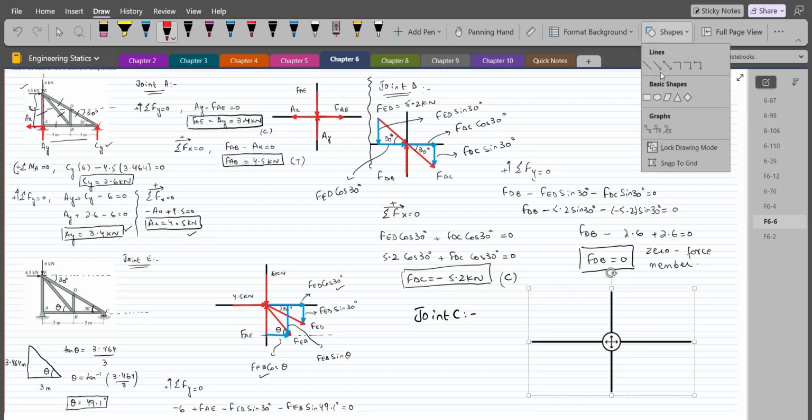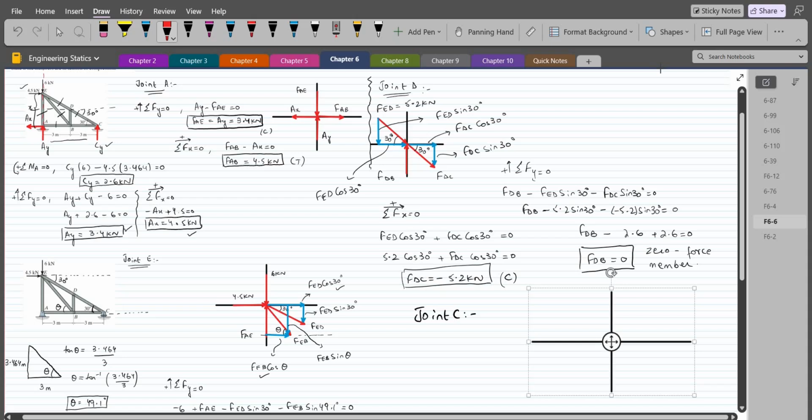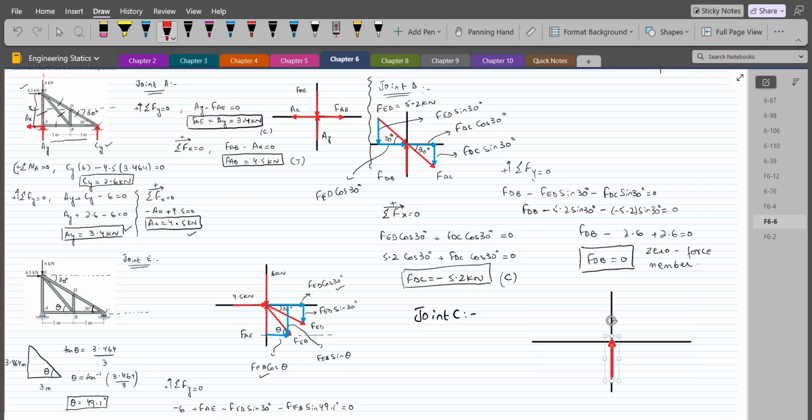I have a vertical support reaction because of the roller at C, so Cy. I have a force because of this member DC, which in fact is a compressive force. I have a force because of this member BC, and I'm assuming it as a tensile force.